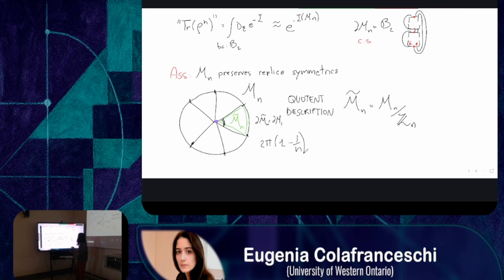We are using the saddle point approximation, so we need to compute the contribution there, the exponent of the action for this saddle. So let me write again the boundary. Then we have all these slices, and we are focusing only on one.